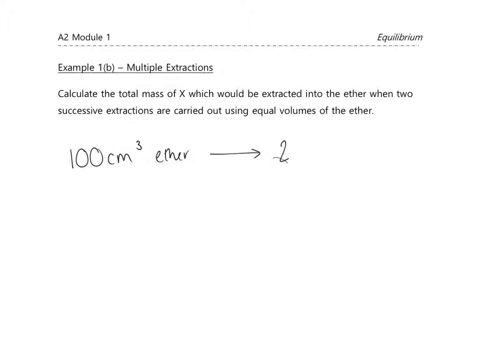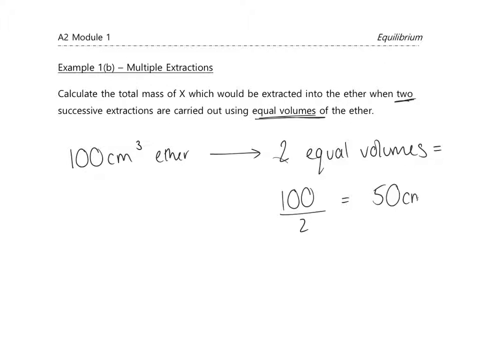If I want to use two equal volumes of the ether, if they have to be equal, I need to do 100 over 2, which is 50 centimetres cubed. So from that, I can see that I'm going to have two 50 centimetre cubed portions of my organic solvent.